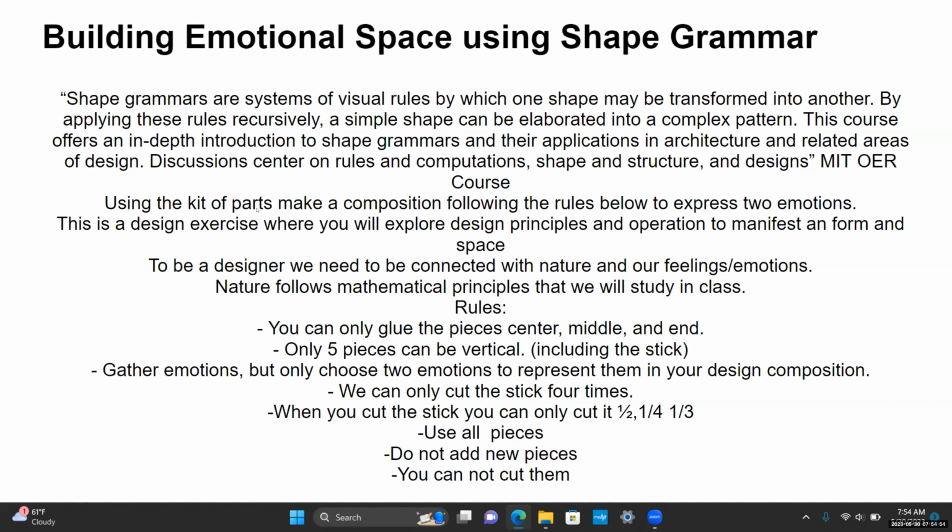Using a kit of parts, make a composition following these rules below expressing two emotions. This is a design exercise where you will explore design principles and operations to manifest form and space. To be a designer, we need to be connected with nature and our feelings, emotions.